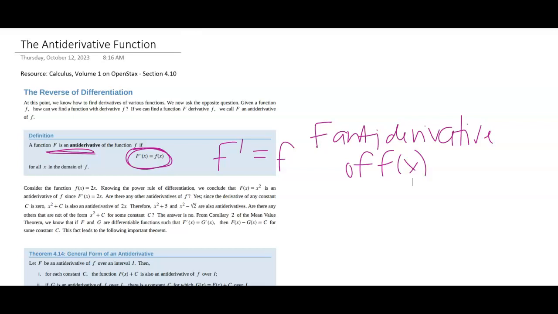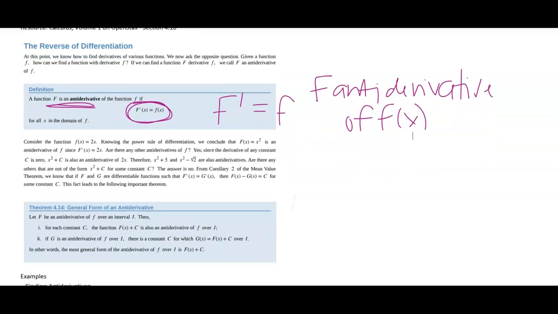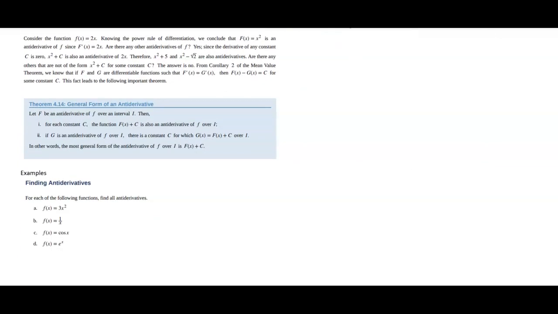All right, so if we know we're looking at the function 2x, and with power rule, we might know that if I take the derivative of x squared, then I get 2x.